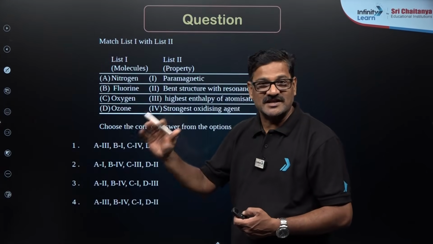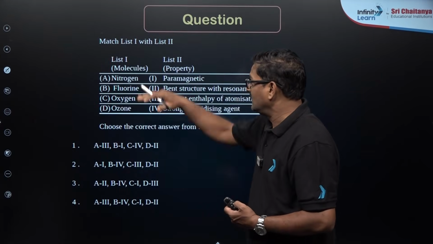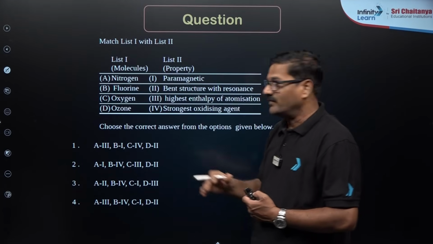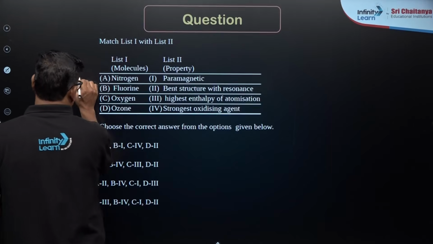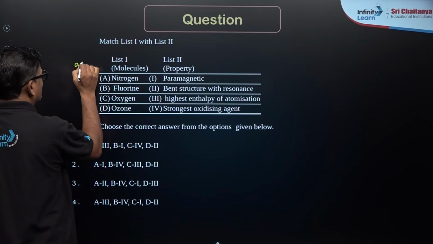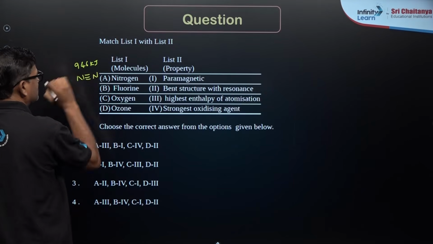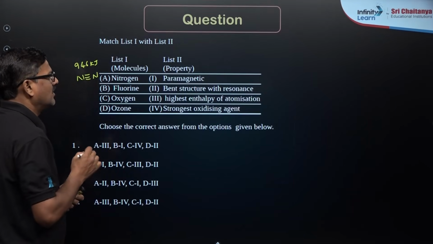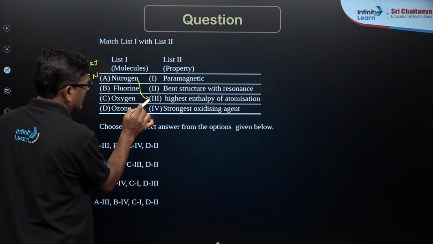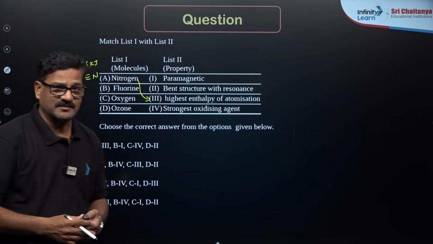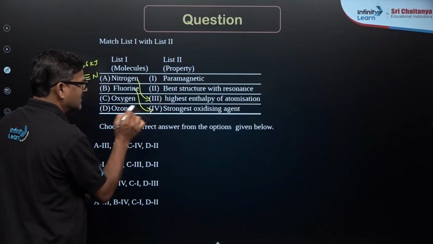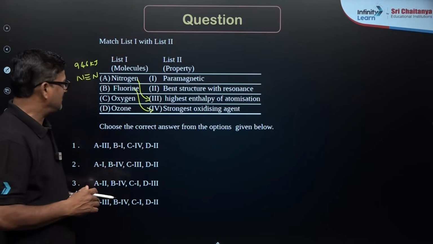Students, this question is about match the following. In list 1, molecules are given and in list 2, properties are given. When you look at nitrogen to nitrogen, a strong triple bond is there. It costs about 946 kilojoule per mole. So it has the highest enthalpy of atomization. So A matches with 3. And fluorine, of course, is the strongest oxidizing agent in the periodic table.